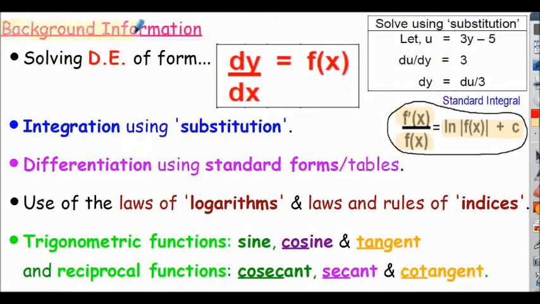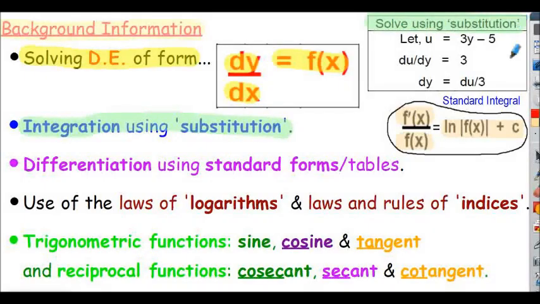Here's some background information. As stated previously, it's strongly encouraged you review the previous presentation related to solving first order differential equations of the form dy by dx is equal to a function of x. The integrals were solved using standard form, but within this presentation we will also need to apply the integration using substitution method. This method we reviewed in a previous presentation, and also within the substitution method we will have to differentiate using standard forms and tables.